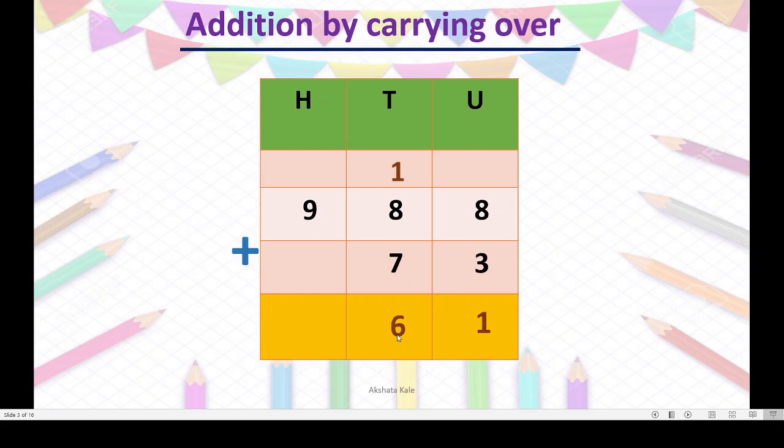So 6 we will write here. 1 will move to the hundreds place, that is carried over to the hundreds place. So 1 hundred plus 9 hundreds, that is 10 hundreds, isn't it? So the answer is 1061.